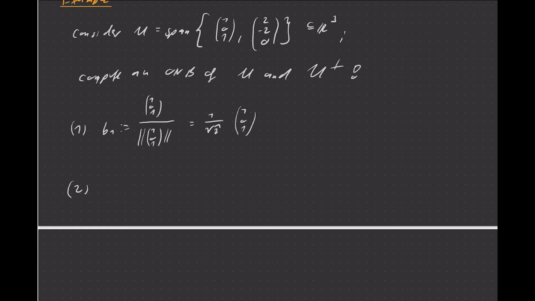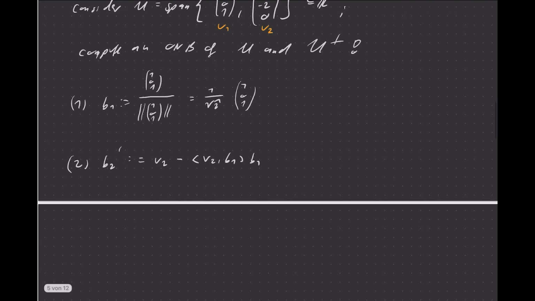Second step, let's compute b2 prime. That is simply v2. So we call this one v2 here, and this v1. So we have v2 minus the scalar product of v2 and b1 times b1.